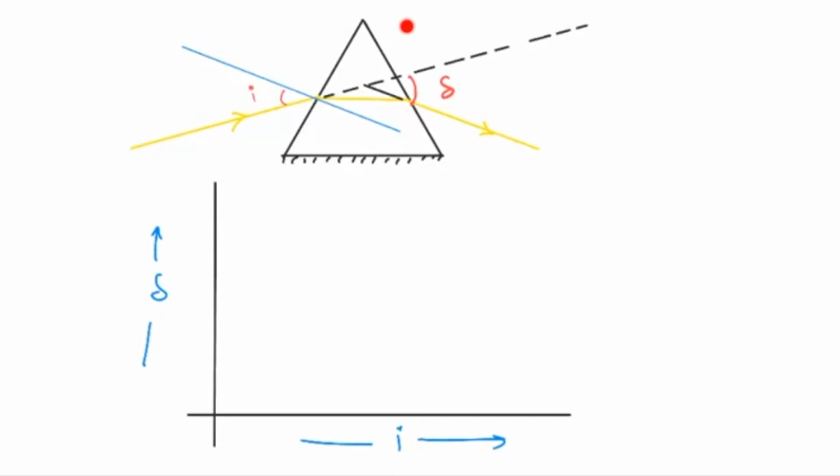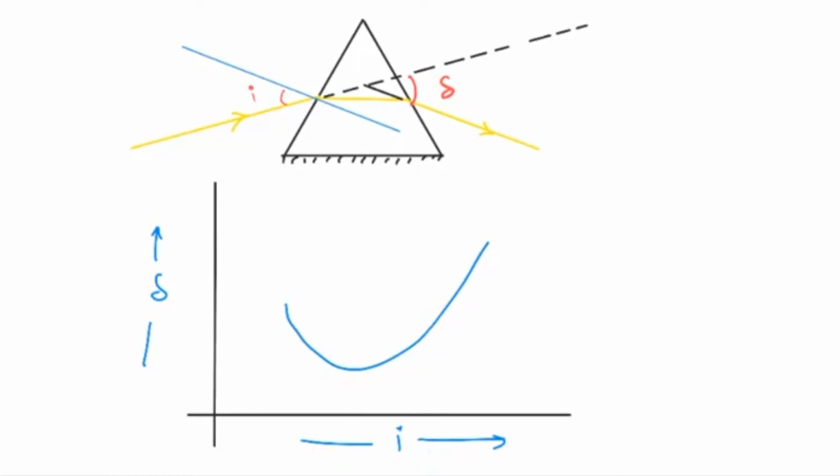If the prism is rotating anti-clockwise, then the angle of incidence will increase. If we plot this graph, we get this kind of curve, where with the increase in angle of incidence, first the angle of deviation starts to decrease, it touches a minimum, and then again starts to increase with the further increase in angle of incidence.